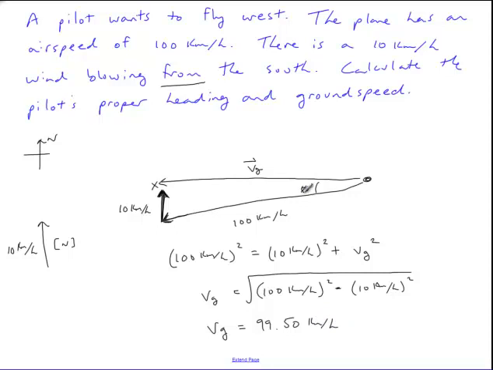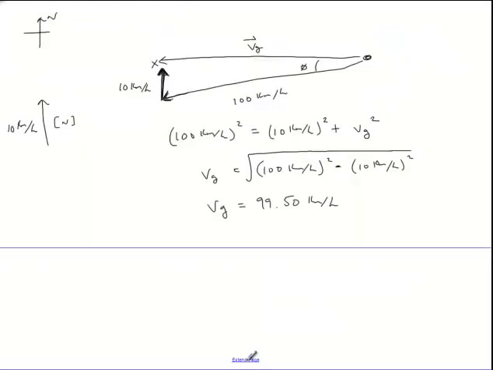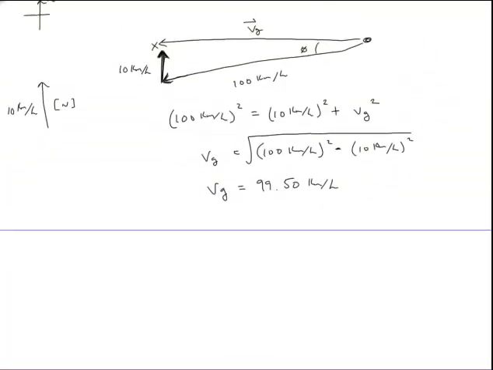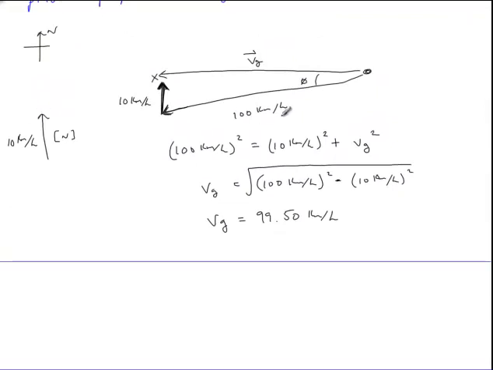Now we want to find this angle, theta. Usually we were using tan. However, it's better practice to use the values that you're given. In this case we have opposite and hypotenuse, and that's going to be sine. Opposite in this case is 10, hypotenuse in this case is 100.